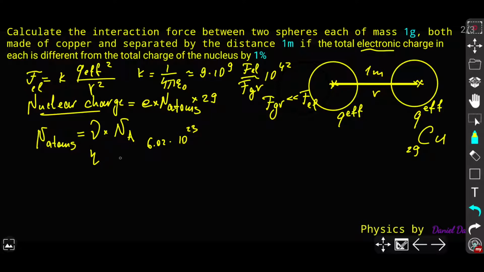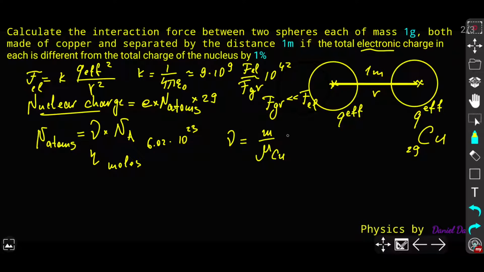So the number of moles, basically how many moles on each sphere? We can calculate this parameter through the mass over the molar mass. Hopefully we know the molar mass for copper, and again, just have reference to the Mendeleev table. It's 63, so just put it right here.